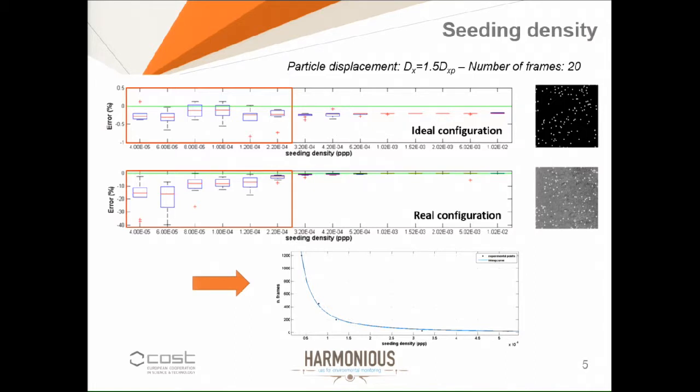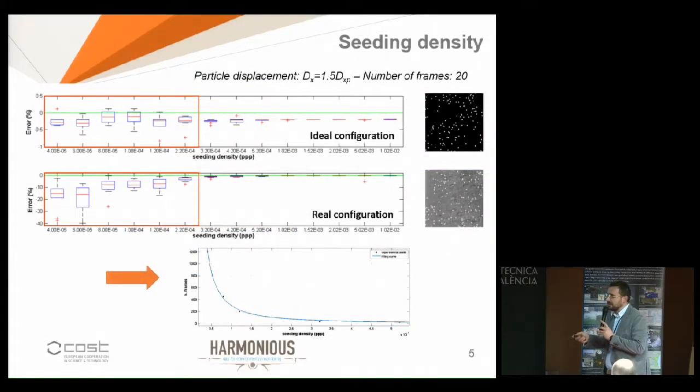And this can be improved by increasing the density of traces, or on the other hand, increasing the number of frames analyzed. So we can play on both parameters, but the important thing is to set the optimal condition, the minimum number or the density of traces to use, in order to get the optimal configuration for our applications.